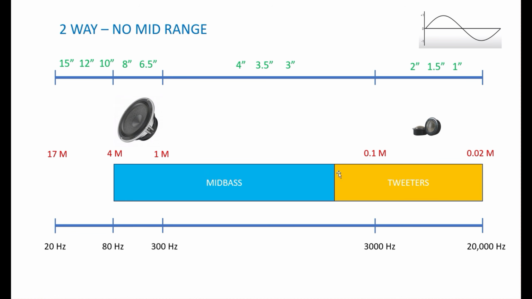And yes, as I said, it will play, but will it play as nicely as if you had a mid-range? Maybe not. So often people come to me for help with their two-way systems, because they'll have a huge dip in the middle somewhere, where the mid-bass and the tweeter are struggling to cross over properly, and I see that quite commonly.